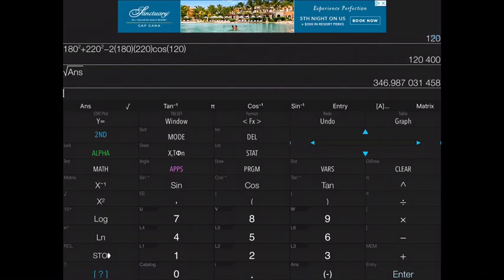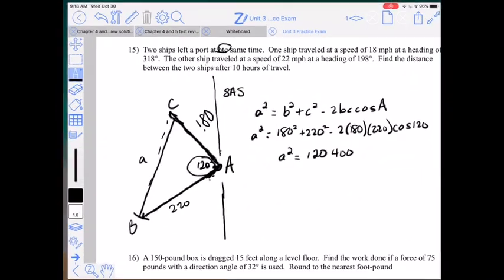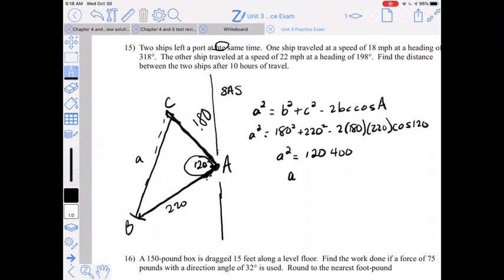Get 346.99. And this is in terms of miles. So 346.99 miles.